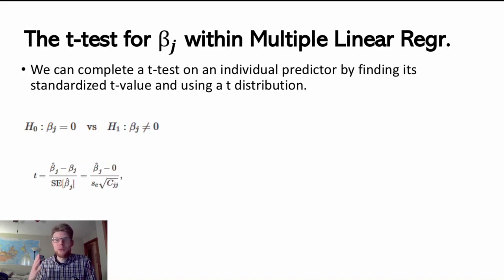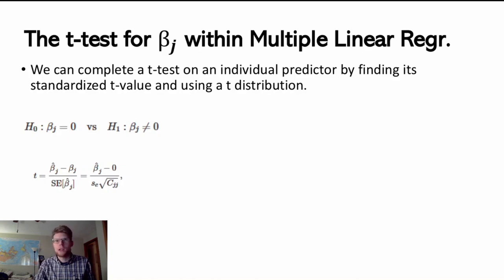Therefore, if our beta hat j is sufficiently far away, several standard errors away from that, then we probably have enough evidence that beta j is not 0, that it is some value. Therefore, this predictor does add something to this model. It does have a linear relationship on top of the other predictors that we already have.